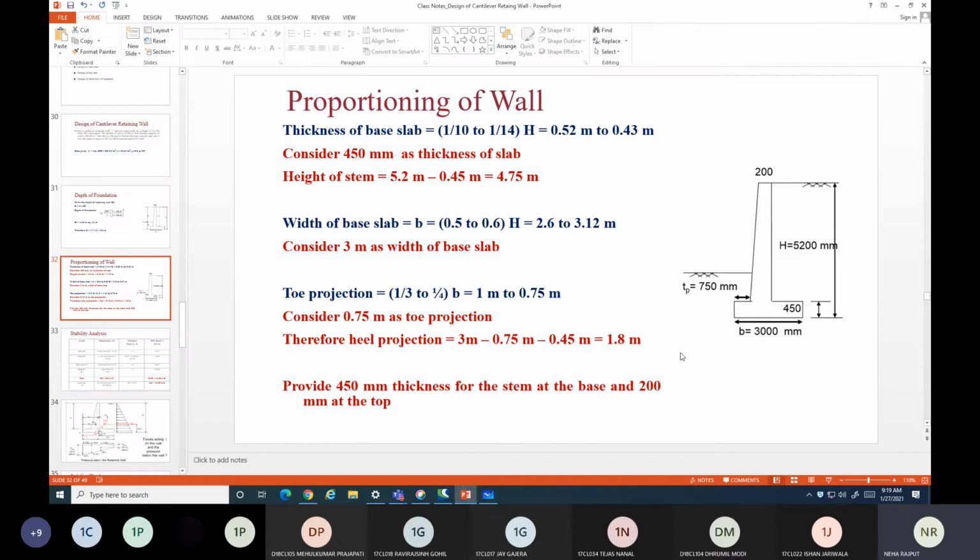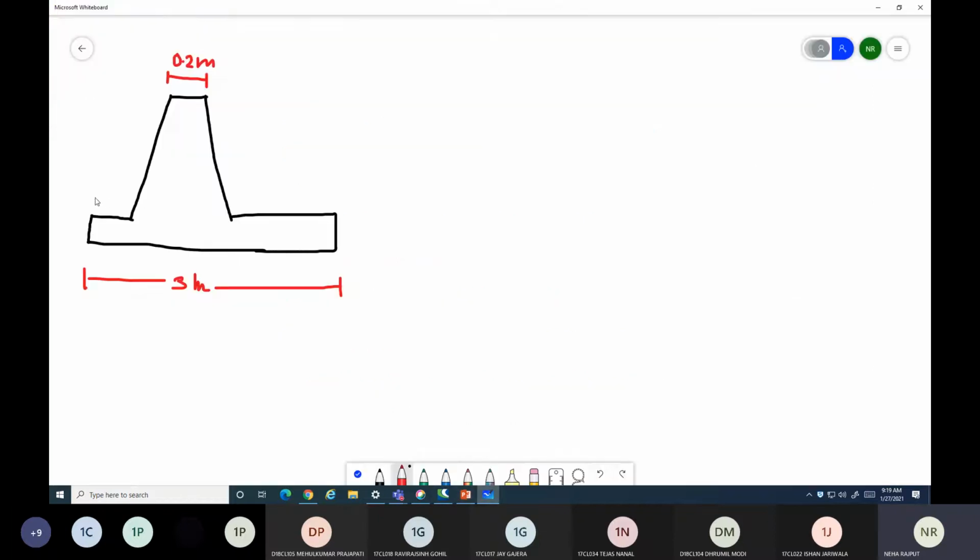Then the toe projection 0.75, heel projection 1.8. So this is 0.75. This one is 1.8.